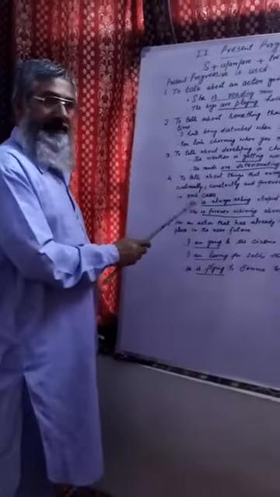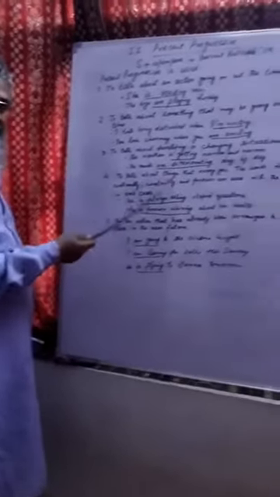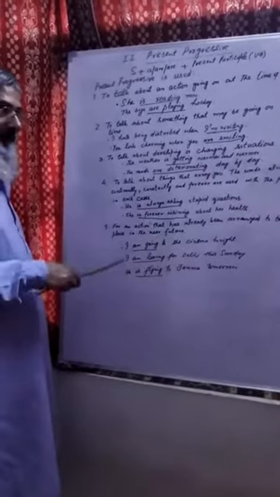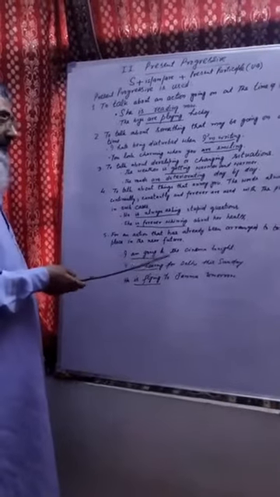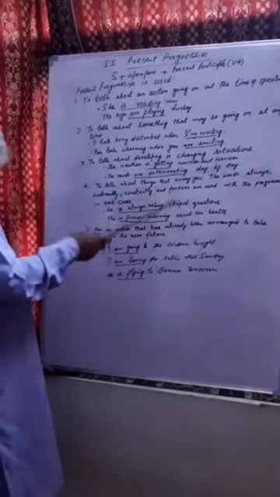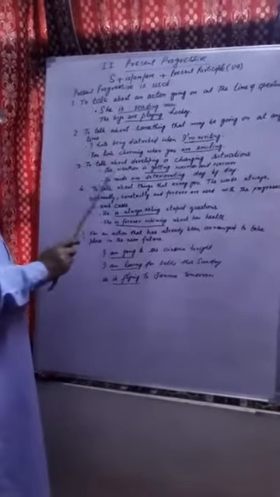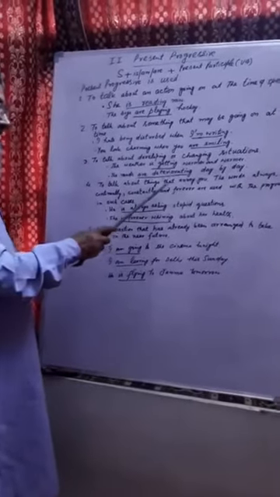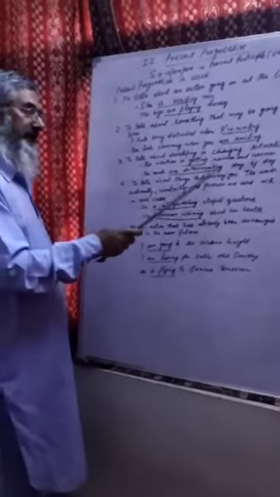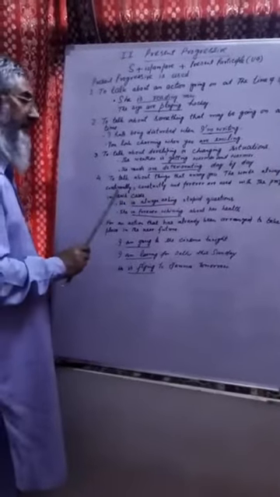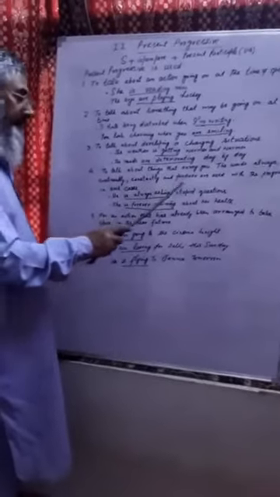Number four, to talk about things which annoy you, which disturb you. Some things disturb and annoy us, and for those annoying things, we use present progressive. But remember, when we use the progressive form in such cases, we use some adverbs like always, continually, constantly, forever.